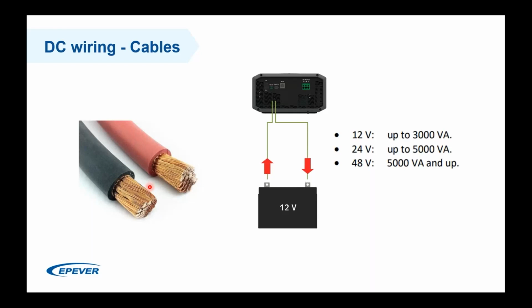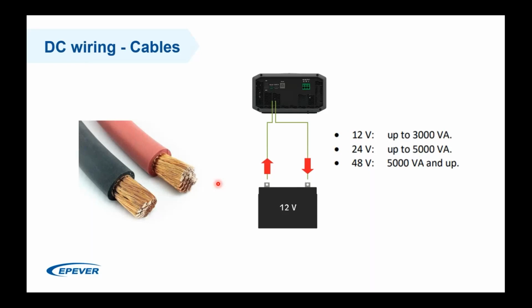But if you choose a 24-volt or 48-volt system for your battery, you can still use a thinner cable because you have increased the voltage and the current in your system has come down. This is the trick: you can use thinner cables, which is cost effective also, and still have the same power out of your system.